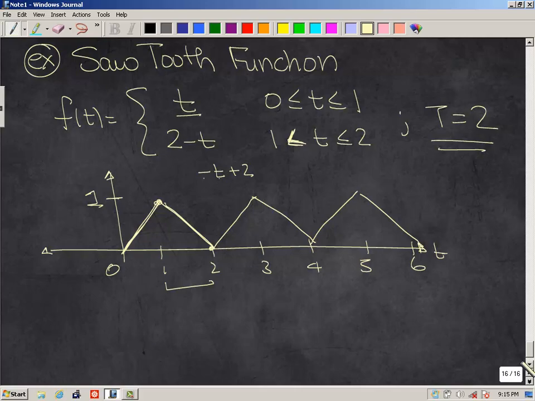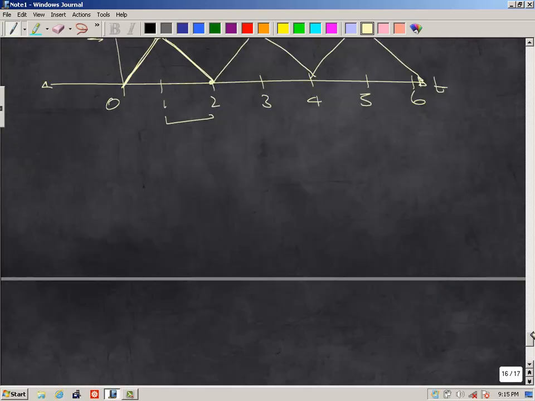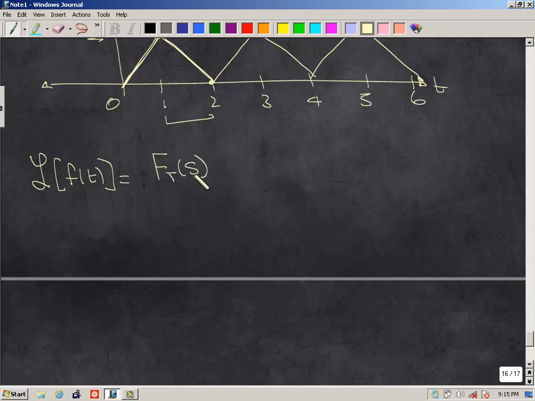All right, let's take the Laplace of that. So we're going to use this handy dandy formula. The Laplace of little f of t, since it's a periodic function, is going to be big F of t of s divided by 1 minus e to the negative st. That's the formula we're going to use. So the first thing we need to do to use this formula is write little f as a step function and then take the Laplace that goes here.